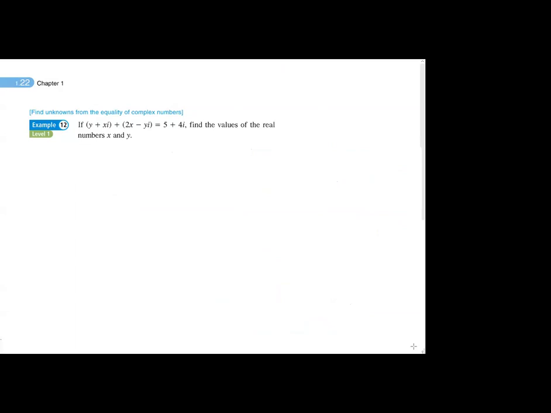On the left hand side, we have y plus xi plus 2x minus yi. This is the sum of two complex numbers, so we need to simplify them and group their real parts together.